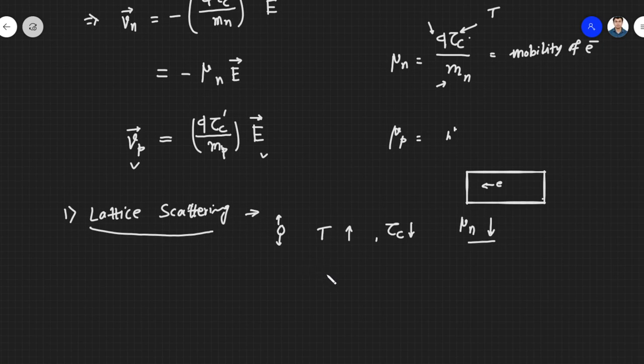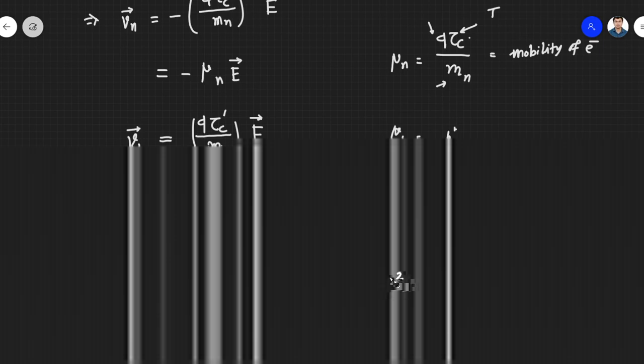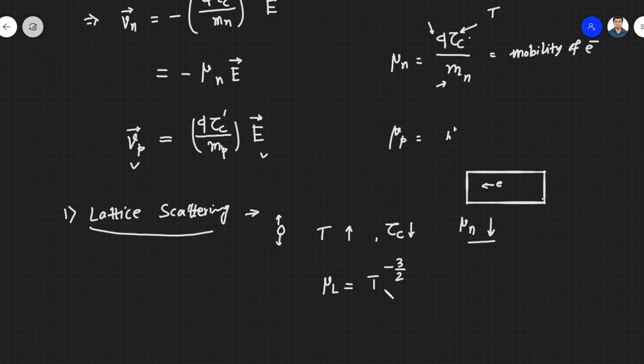Okay, and theoretically it is shown that this mu L, the mobility due to lattice scattering, has a dependence on temperature of T to the power minus 3 by 2. So you can see they're inversely related, not directly proportional. It is theoretically shown. Sorry, not equal, I cannot write equal, right?